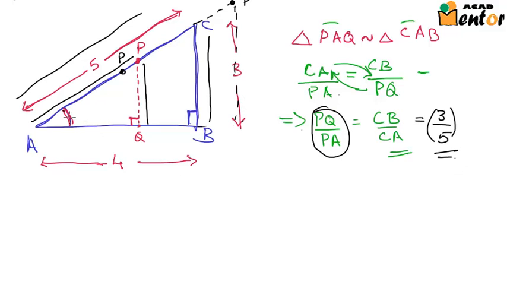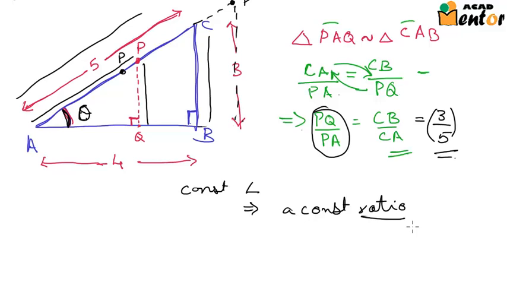So for a particular angle, angle A, let's call it theta for now, we can see that for a constant angle we have a constant ratio of sides. The ratio remains constant whatever be the size of the triangle. Only the angle needs to remain constant.